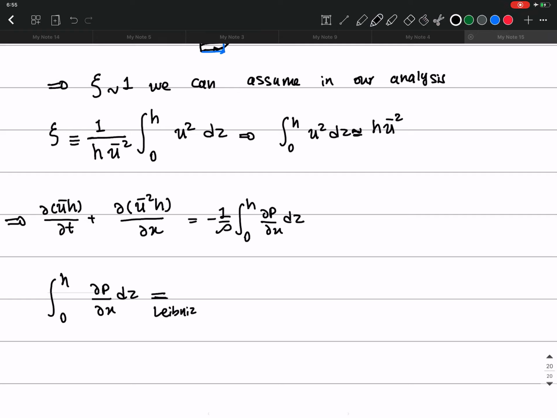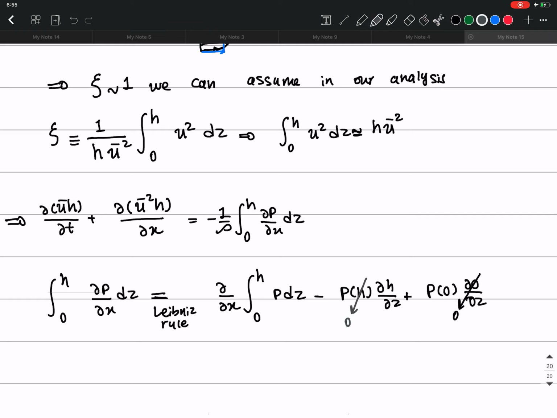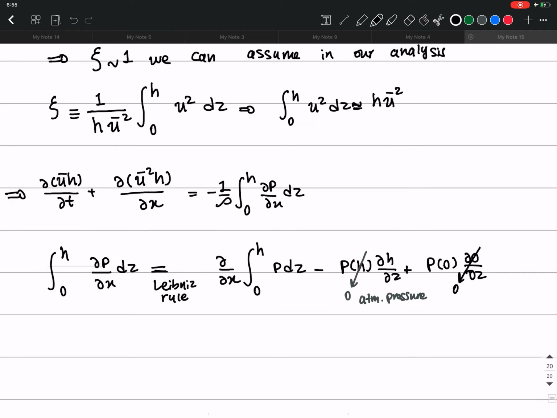We get partial over partial x of the integral from 0 to h of p dz, minus p at h times partial h over partial x, plus p at 0 times partial 0 over partial x. The partial of 0 is 0, and p at h is also 0 because we have atmospheric pressure, in terms of gauge pressure. So we only have this term.